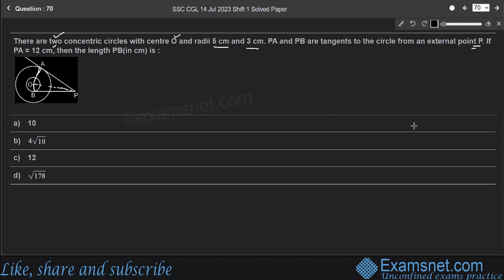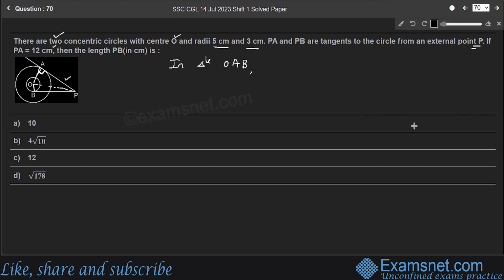So now consider triangle OAP. Here AP is tangent to the big circle. AP is tangent. So tangent makes a right angle with the radius of the circle. We all know that.